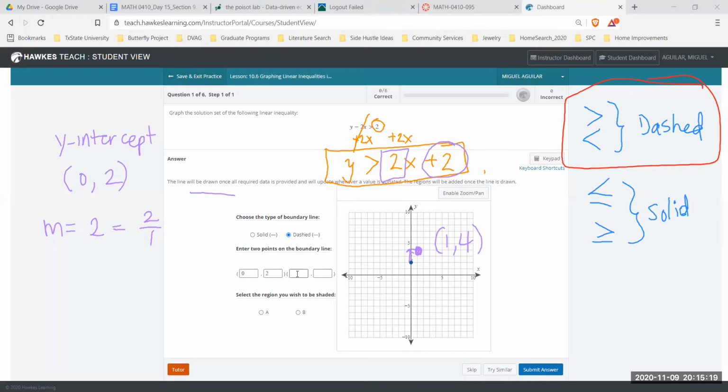So then after writing that down, I'll type it in, (1, 4). And when I erase the stuff on the screen, you can see that Hawks already put a line through it because I selected dashed line. And once I drew that second point, boom, Hawks already put the line for me. Do we have any questions up to this point?